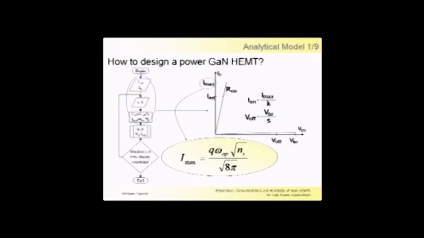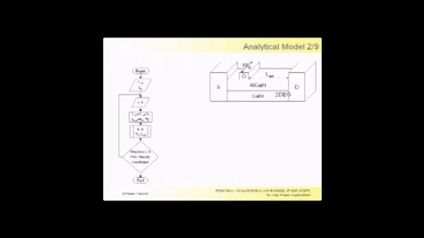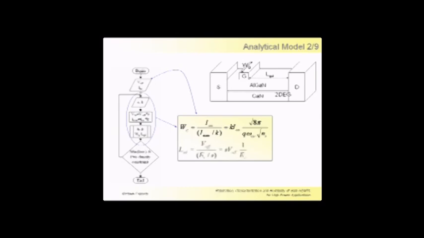And in our model, we use this current equation that has been developed by Professor Jena and Professor Rajan, based on a phonon optical scattering analysis. So we got all the equations we need for our design.